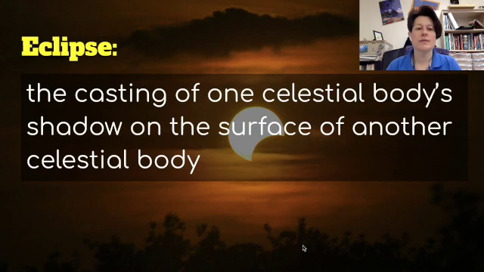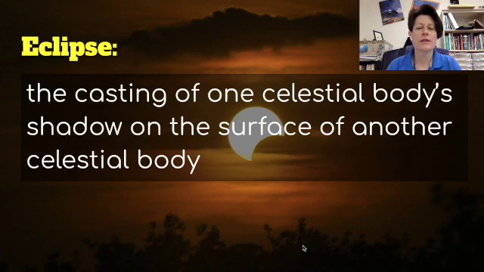So an eclipse, what is an eclipse? It's the casting of one celestial body's shadow on the surface of another celestial body. And eclipses are actually pretty cool. In ancient writings, they are mentioned, especially during certain wars and things.